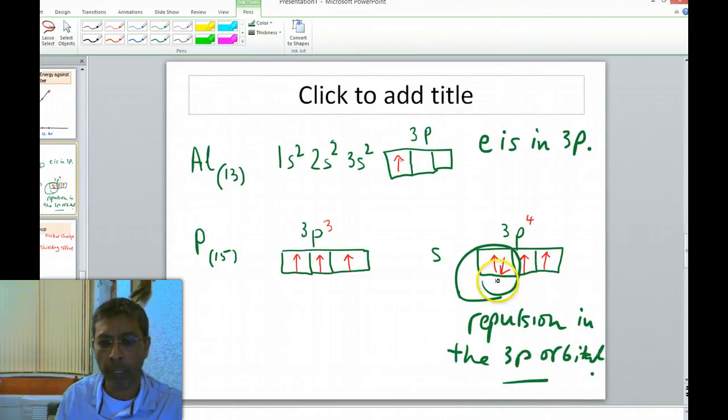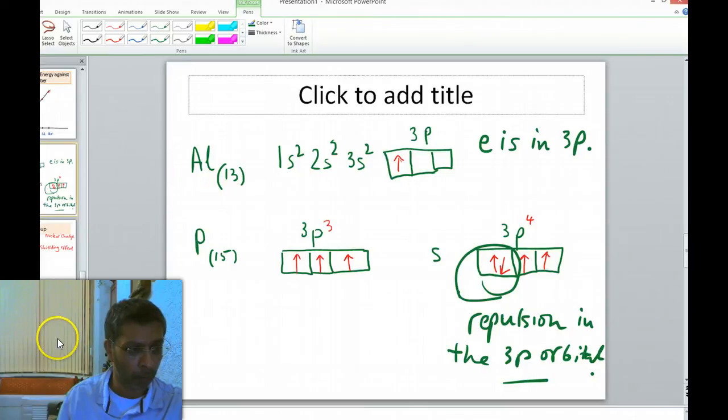Because of those 2 electrons repelling each other, it's now easier to remove one of those electrons. Repulsion is the cause for the ionization energy drop from phosphorus to sulfur. All right.